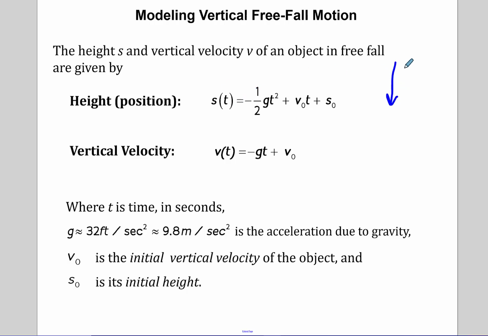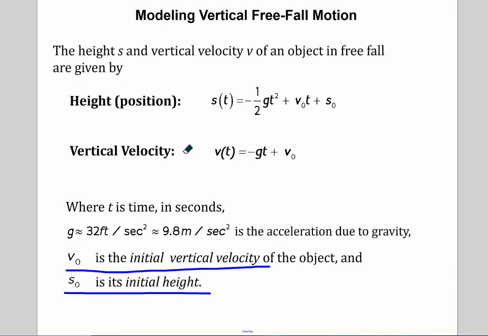So it's negative because gravity is pulling it back to the ground. So -1/2 times the gravitational constant times time squared, plus the initial velocity times time, plus the initial height, s sub 0. So s sub 0 is the initial height, and v sub 0 is the initial vertical velocity.